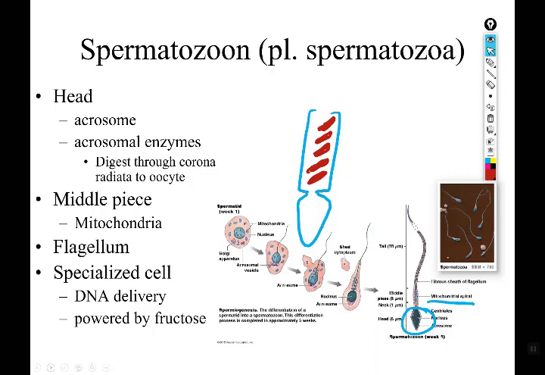The sperm is more like the sports car, so it has a very specific purpose, and that is to find an egg and hopefully go faster than all the other sperm. So these are for DNA delivery only. They don't do anything else, and they are powered by fructose.